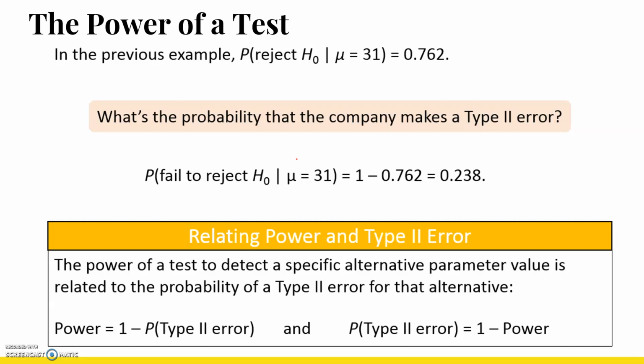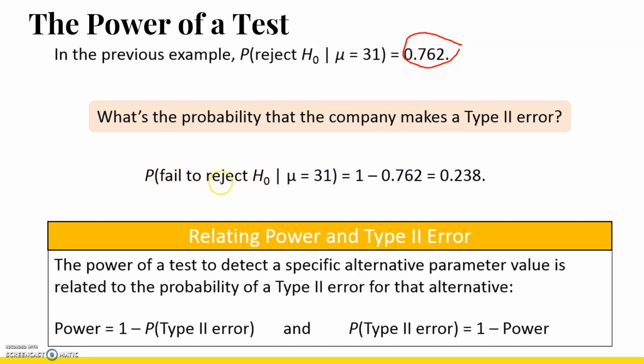All right, so relating power and type 2 error. So let's start up here. It says in the previous example, the probability that we reject the null, given that mu is 31, so we are correctly rejecting a false null, the probability is 0.762. Now, remember, a type 2 error is failing to reject the null when the null is false.